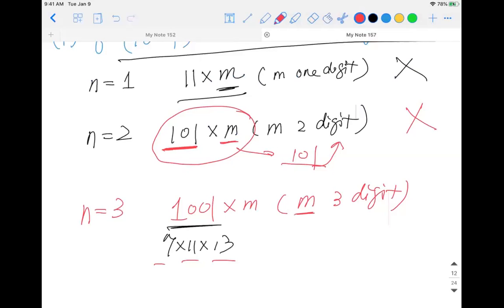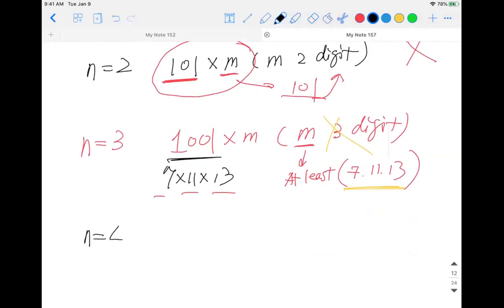To make sure the entire expression becomes a perfect square number, m at least needs to have the 7, 11, 13 factors, right? You can have more, I don't really care, but at least you need to have these three factors. You want to create a perfect square number, right? But as long as you have these three factors, you're no longer looking at three digits. Is that right? Same thing.